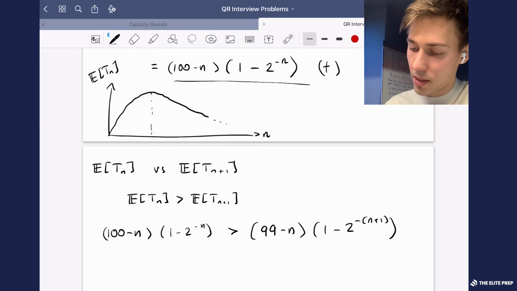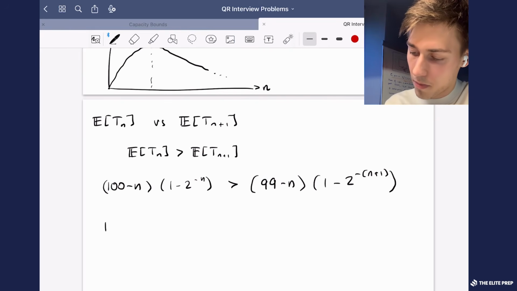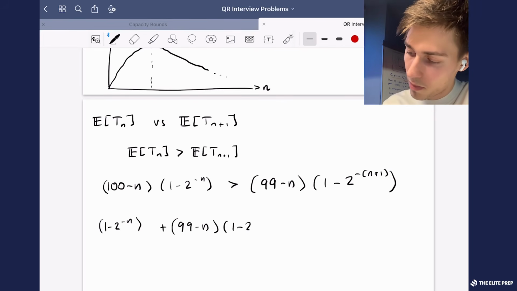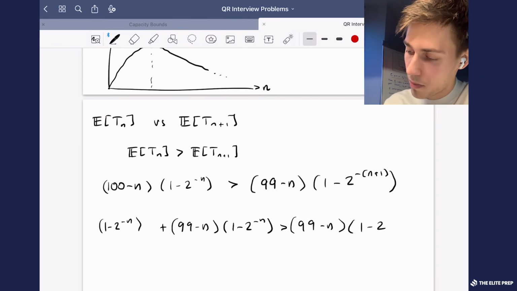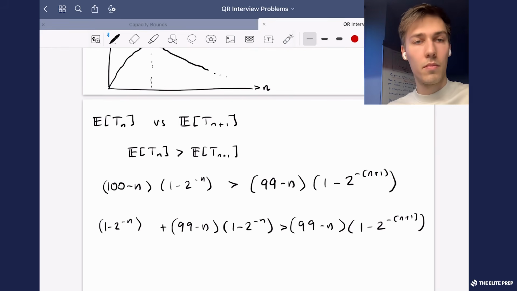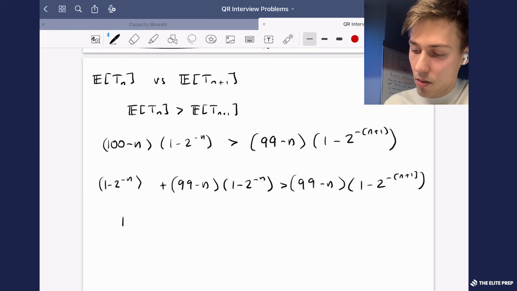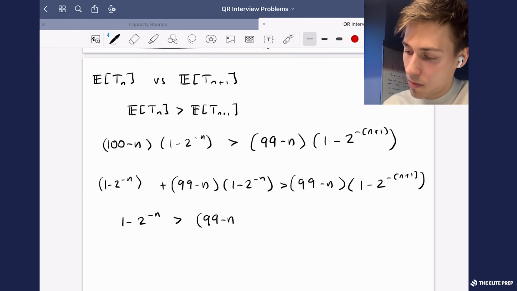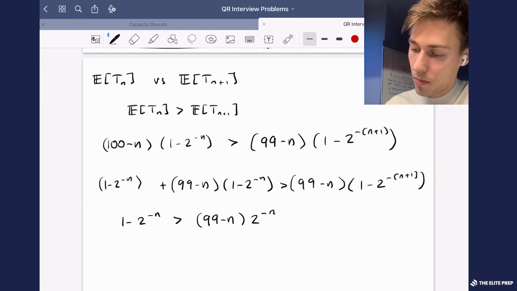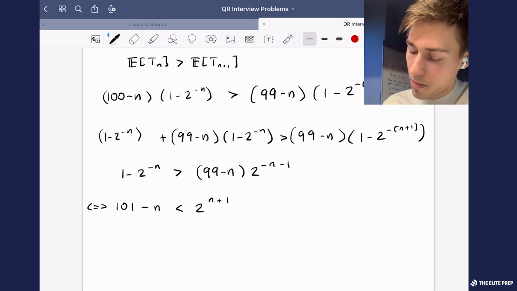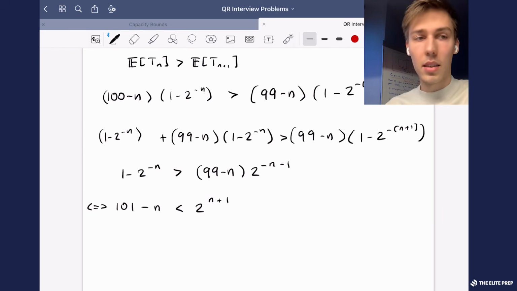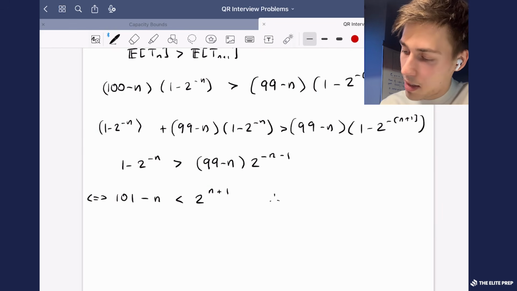So this is the same as, which is the same as, and this happens when n equals 6.